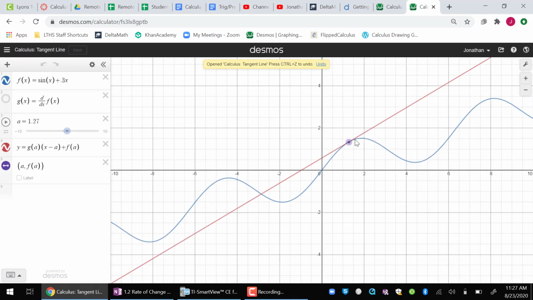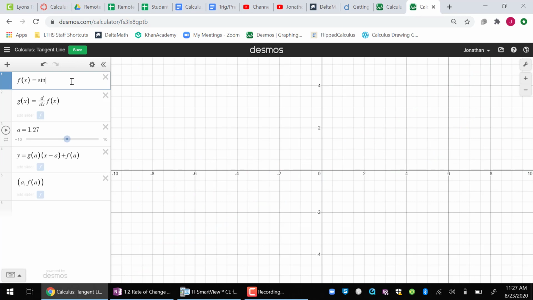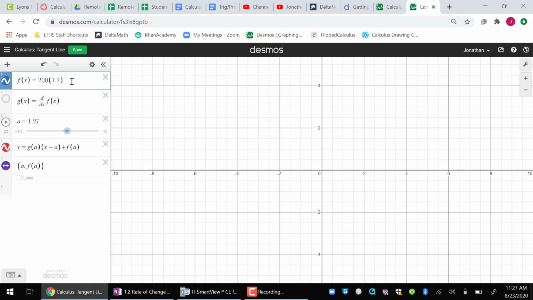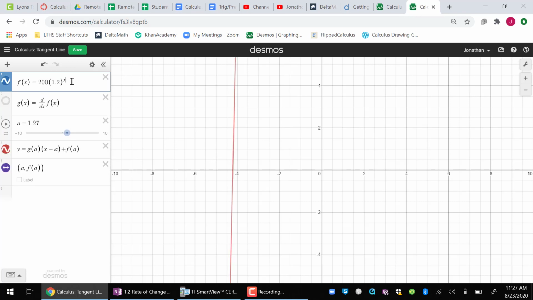it's going to create for you a way to type in a function into Desmos along with a tangent line that's right there on top of the function itself. Now the default is the sine function. I don't want that though. I want to type in our exponential function. So way up here in the corner, let's delete it and type in 200 times 1.2 to the power of t, or in this case it's x.